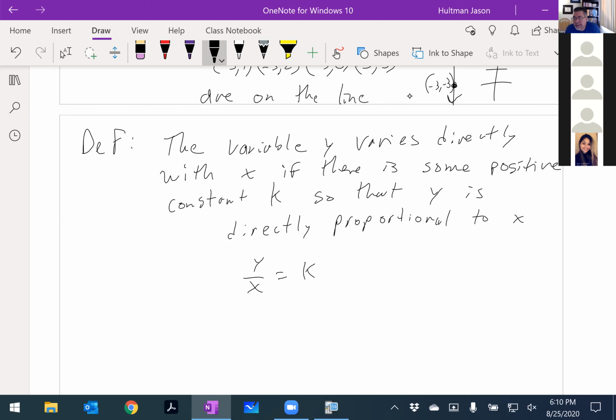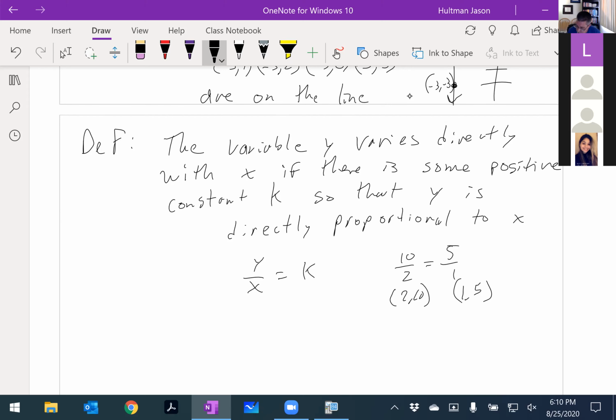For example, the proportion 10 over 2 is equal to 5 over 1. So if I had the points (2, 10) and (1, 5), the points on this line are going to vary directly because they're proportional to each other.